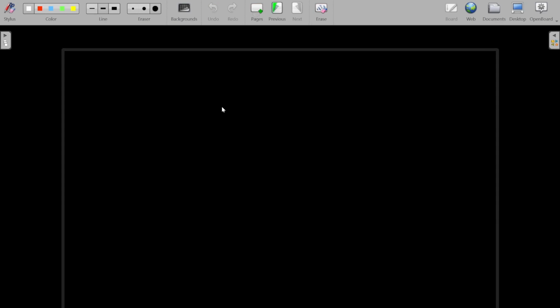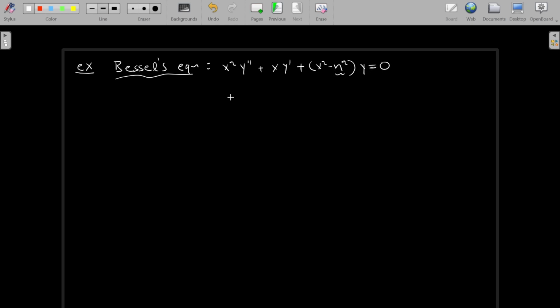Now, let's check some examples and check if there is a singularity or a regular point, etc. Let's check an equation that is called Bessel's equation, which is x^2 y'' + x y' + (x^2 - n^2) y = 0, where n is just a constant.